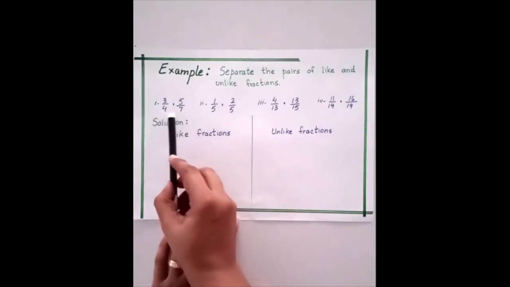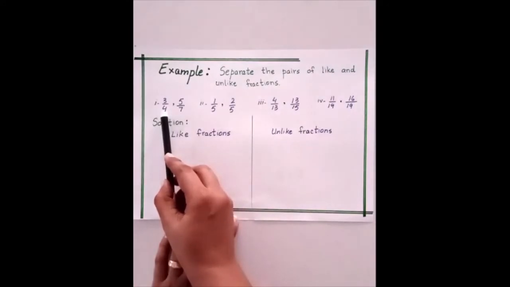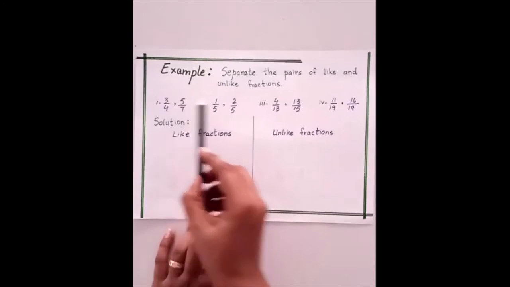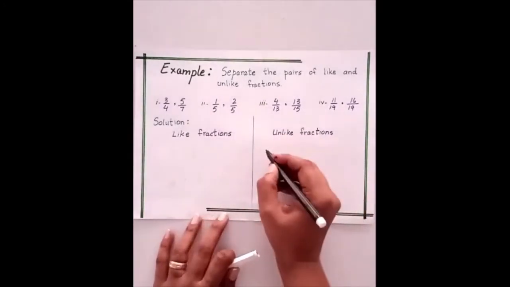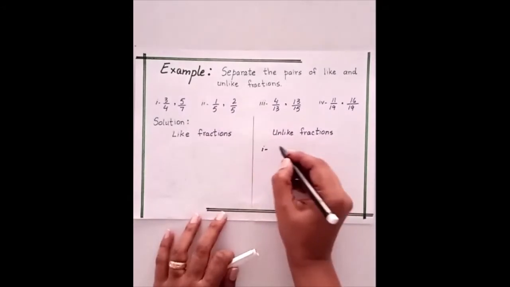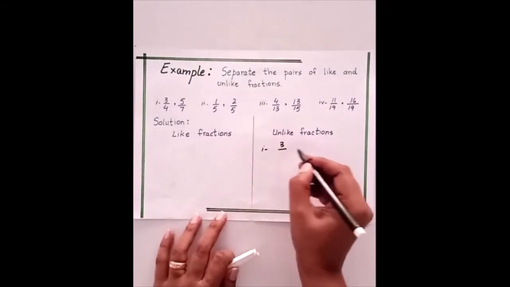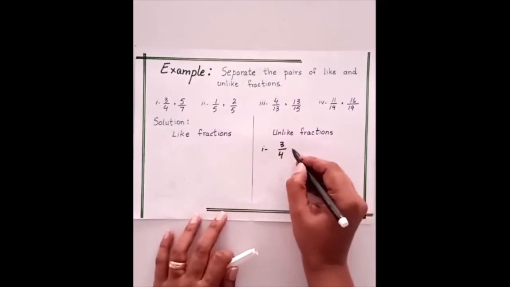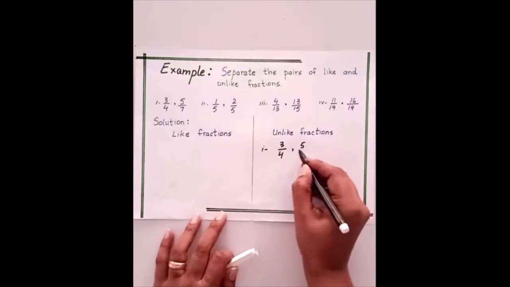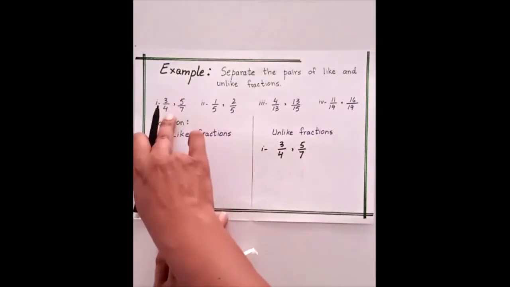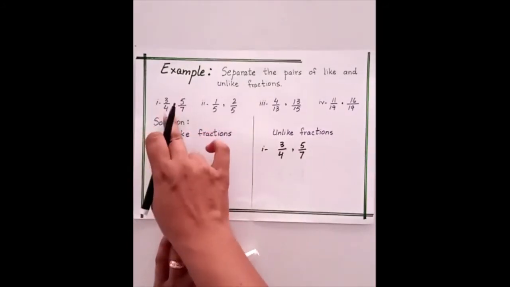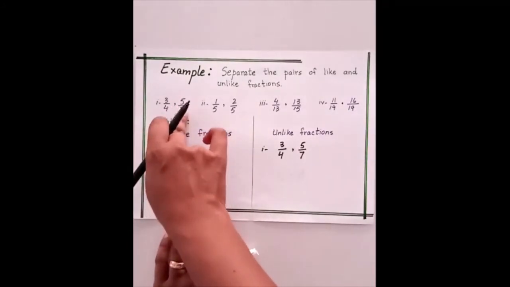The denominators are different: 4 and 7 are the denominators. So these are called unlike fractions. This is an unlike fraction because it has different denominators.